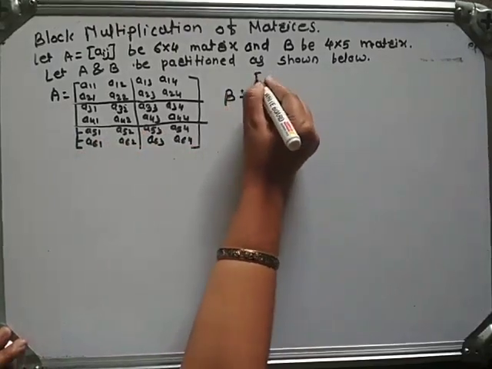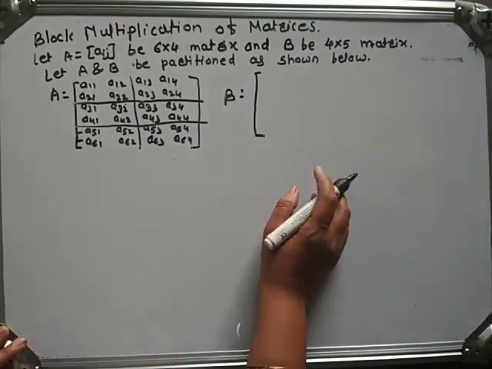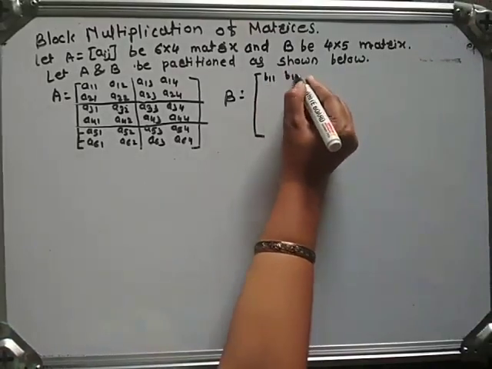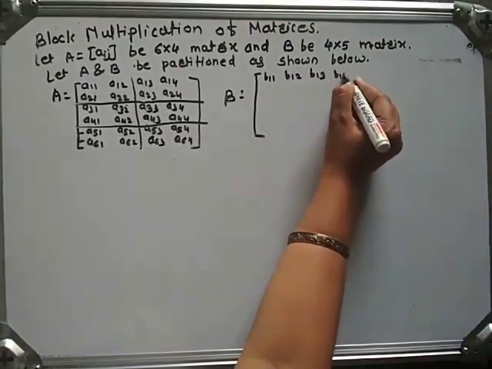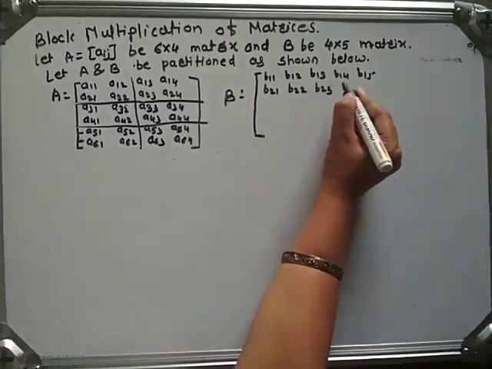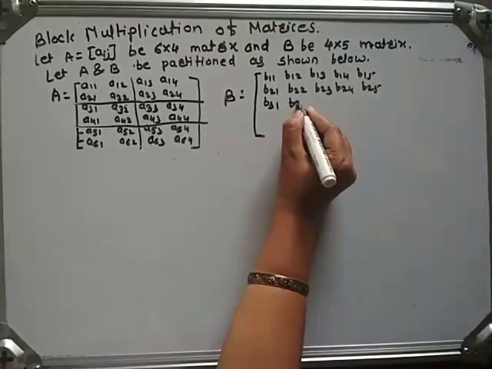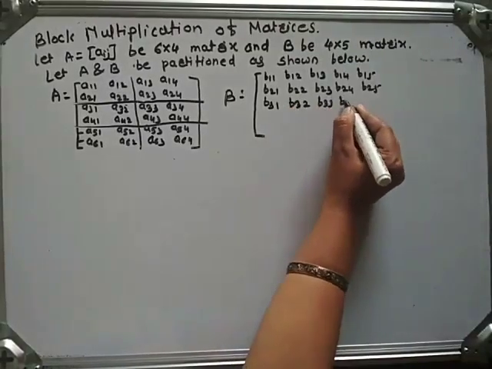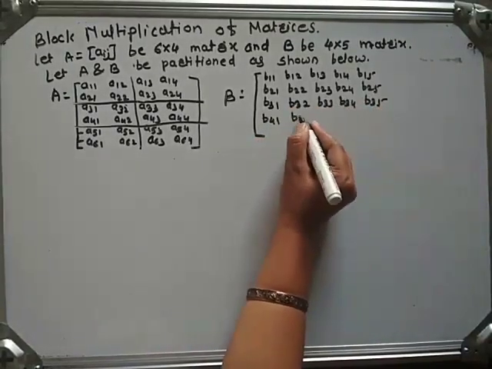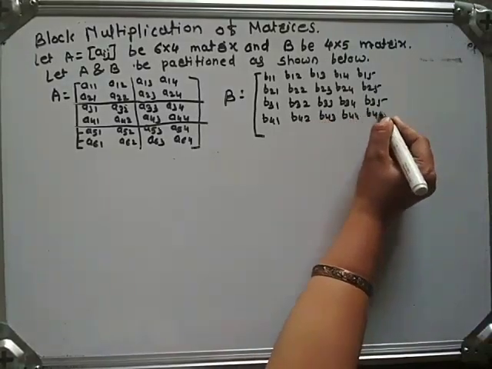And B, what is the size of B? It is a 4 by 5 matrix, that is, the number of rows is 4 and the number of columns is 5. Therefore B11, B12, B13, B14, B15, B21, B22, B23, B24, B25, B31, B32, B33, B34, B35 and the last row is B41, B42, B43, B44, B45.